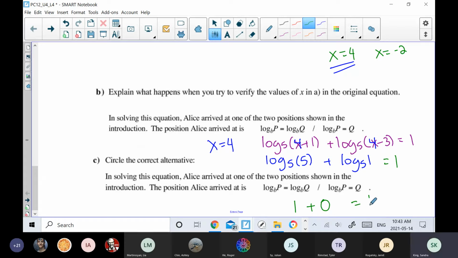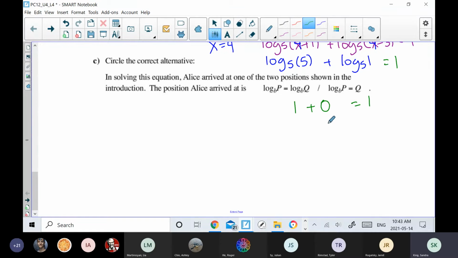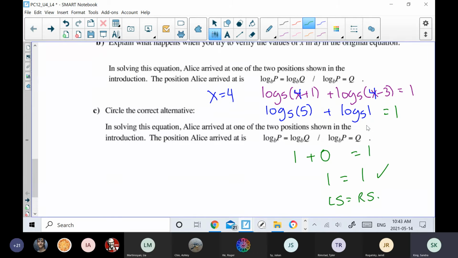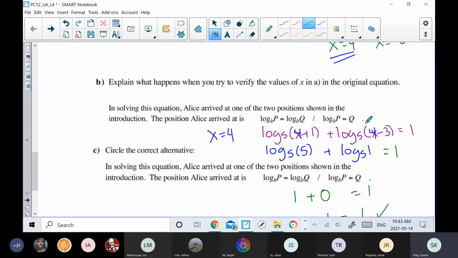On the right-hand side, I had a 1. So verifying, we have to make sure left-hand side and right-hand side are equal, and it verifies. If you put in that negative 2, it wouldn't verify, because you wouldn't be able to solve if you have a negative argument. It would give you an error on your calculator because it's extraneous.